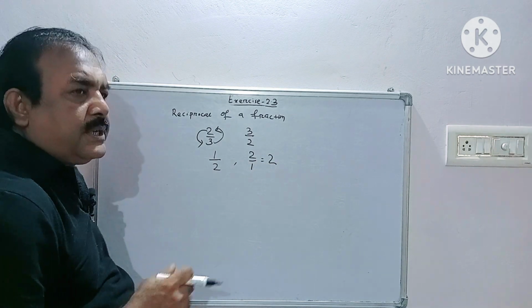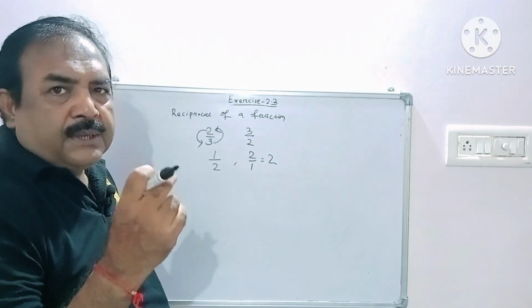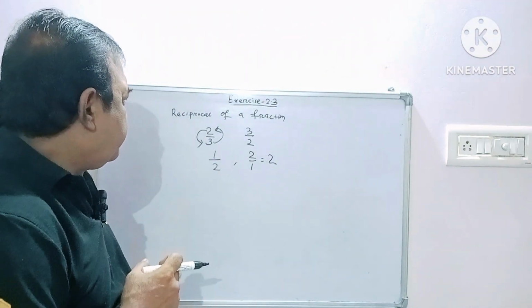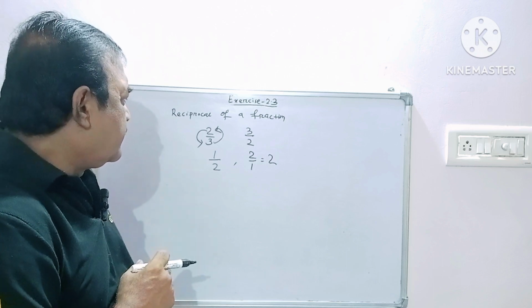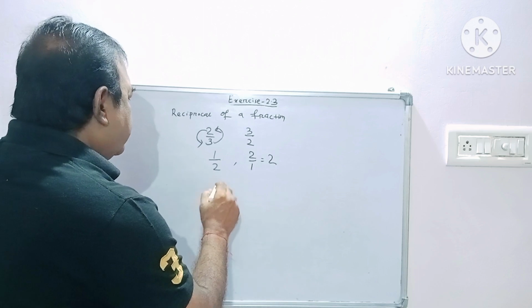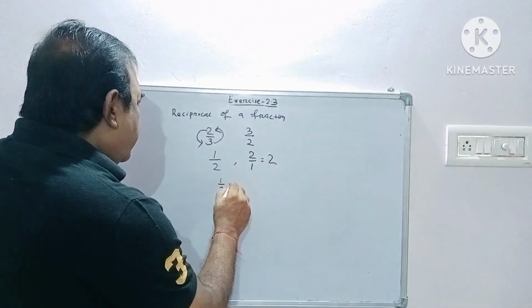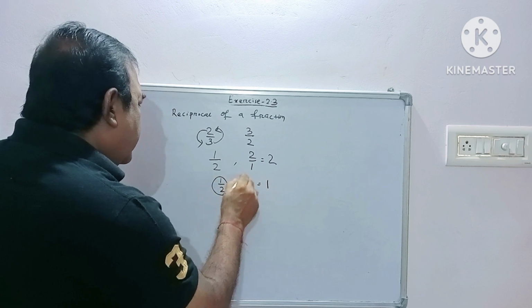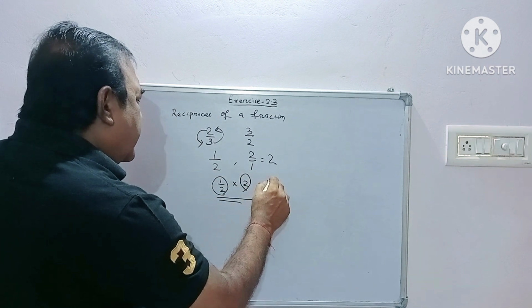Because we know, you see, when the product of two numbers is 1, then those two numbers are called reciprocal to each other. You see, 1 upon 2 into 2, that is equal to 1. So these are the two numbers. We multiply and the product is 1.